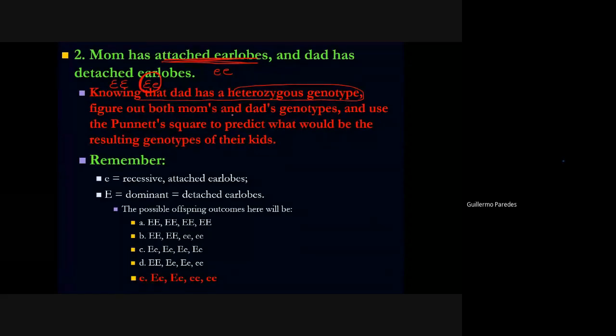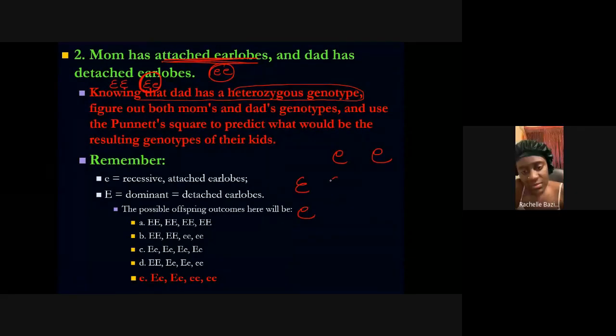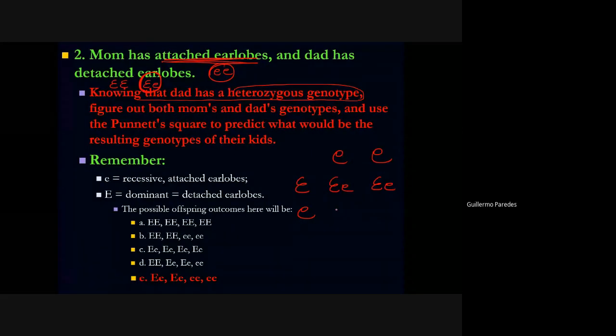Figure out mom's and dad's genotype and use the Punnett square to predict the resulting genotype of their kids. So we are going to combine dominant and recessive with recessive. Write down first the capital letter, E, and e. We okay with that?